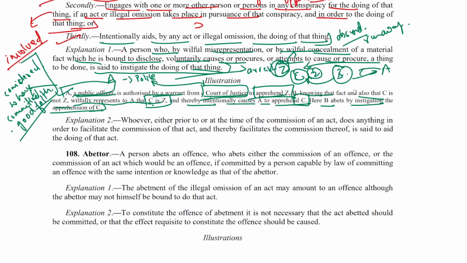here in this particular illustration, B, who has represented that C is Z, is actually committing a crime, which is apprehension of C. Now, C has been wrongfully confined by A, the public officer, because of the act of B. What actually has been done here is that C was wrongfully confined, because he has been apprehended.